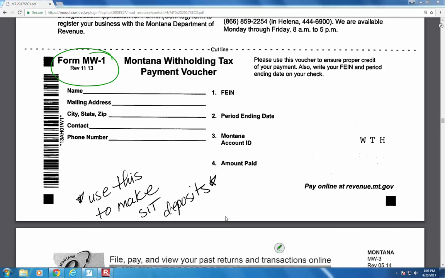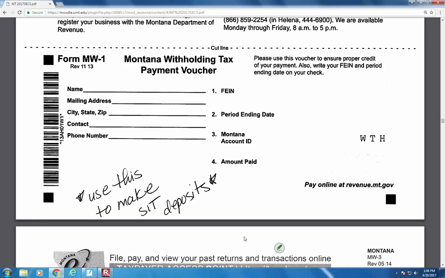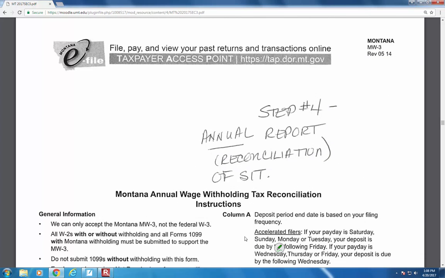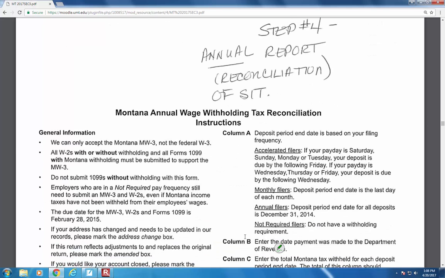Then, at the end of the year, you fill out an MW3, and you attach all of your W-2s to it, and you do a reconciliation of your SIT for the year. And that's this last step right here, annual report. You don't do any quarterly reporting to the state, only annually.